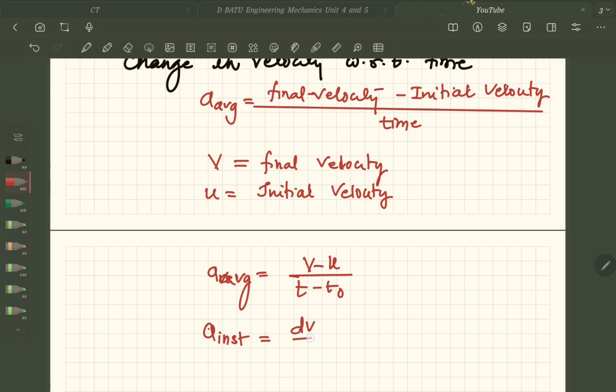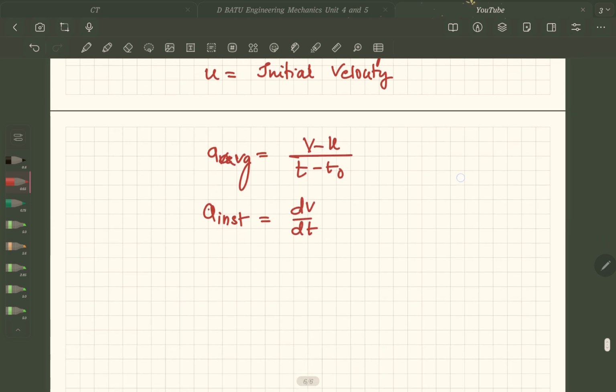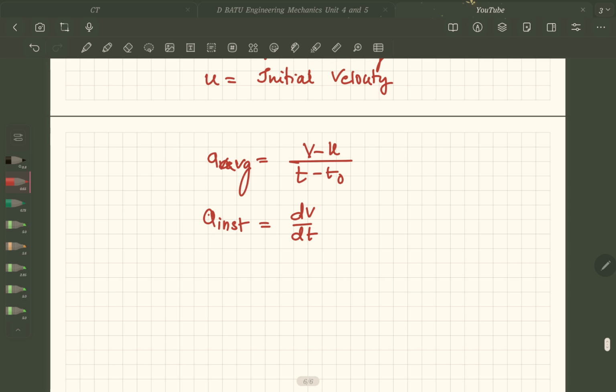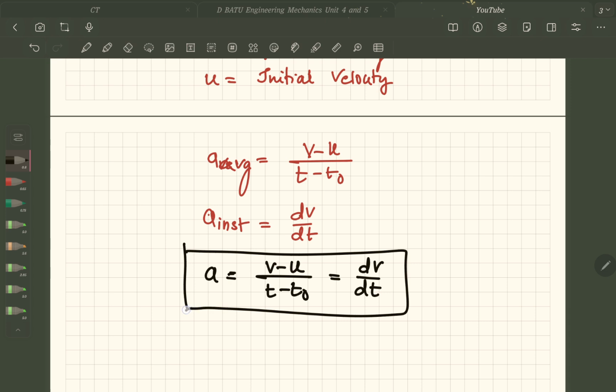But we are not dealing with average and instantaneous separately, we are dealing with the average values. So I can write a equals v minus u divided by t minus t0, or dv by dt. So we are considering acceleration as change in velocity divided by time, or dv by dt.